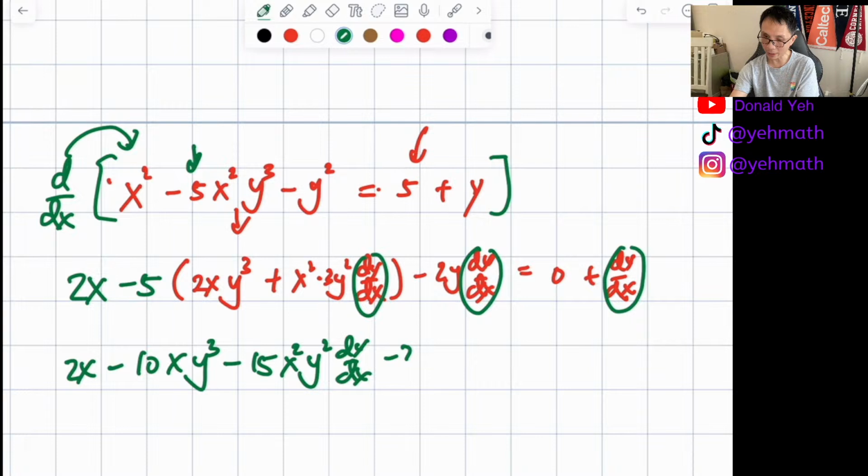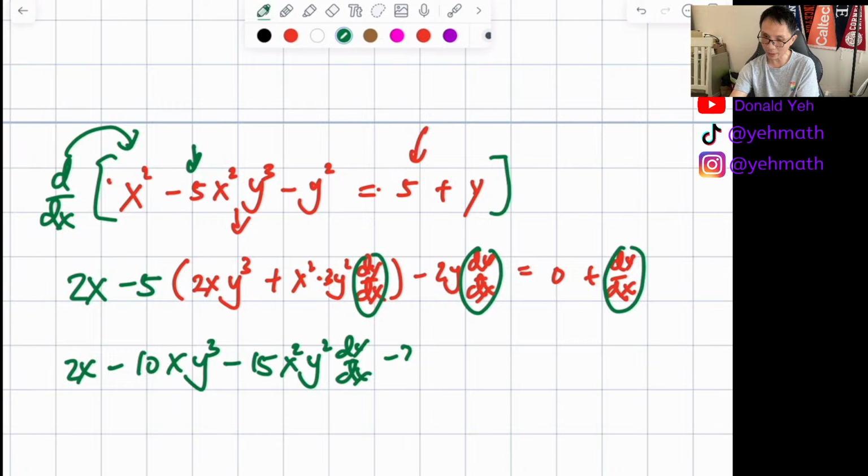Got it? Now you see the dy/dx terms, there are a couple on the left side and a couple on the right side. I feel it's better to move all the dy/dx terms to the right side, because the left side has a mixed term, and I already have a dy/dx on the right side. So I'm going to move these to the other side. When they move, they become plus, because they started with negatives.